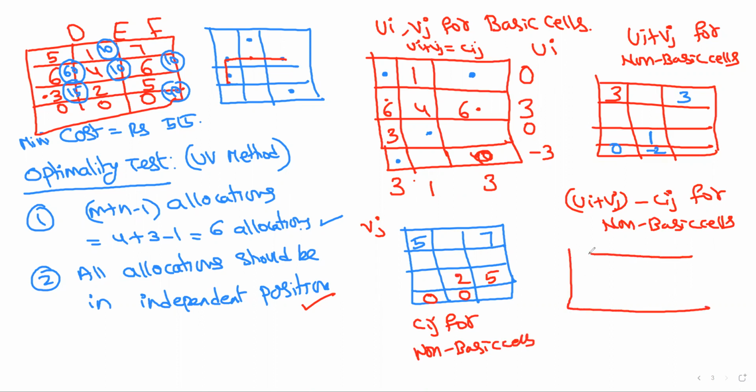Again, the table has 4 rows, 1, 2, 3, 4, and 3 columns, 1, 2, 3. Now do the subtraction: Ui plus Vj minus Cij for non-basic cells. 3 minus 5, minus 2 we got here. 3 minus 7, minus 4.